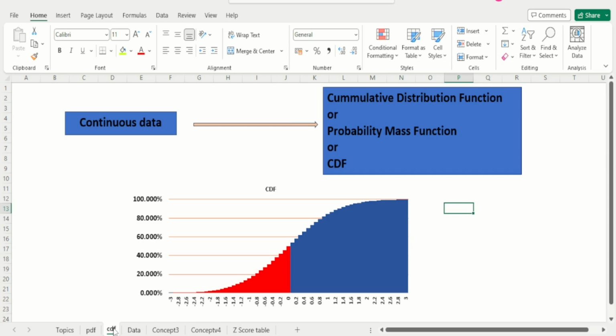This is why when you're dealing with continuous data, you'll use the cumulative distribution function, because you cannot apply, or you shouldn't apply, the probability distribution function to continuous data. Now, why is that? Since continuous data has infinite points within any range, given any two data points for continuous data, you will always find another data point which lies in between those two data points.